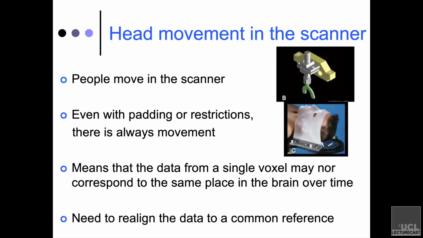So what we normally do, and what most labs at this point do, is use much softer kind of approaches. Typically what we do is we spend some time reminding people that we'd like them to lie as still as possible. And then we put sort of soft cushions next to their head that don't stop them from moving at all. They could certainly move if they want to, but it does remind them because they can feel it if they move.